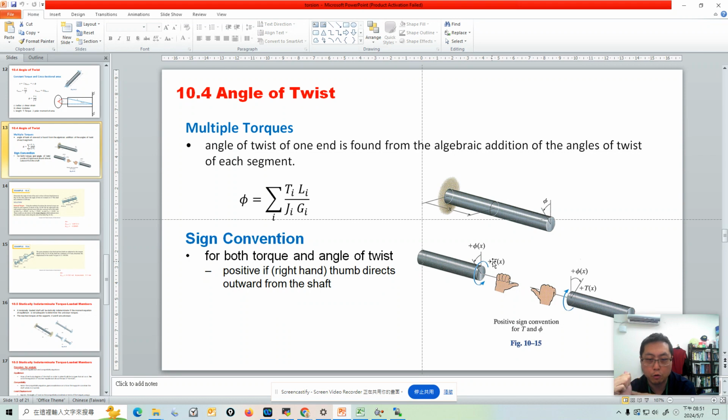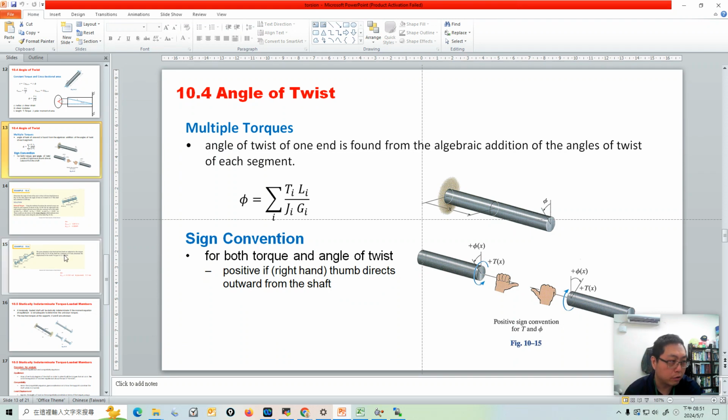If your thumb points out of the bar, that means positive. If your thumb points into the bar, that is negative. So if your thumb points out of the bar, positive; if your thumb points into the bar, negative.